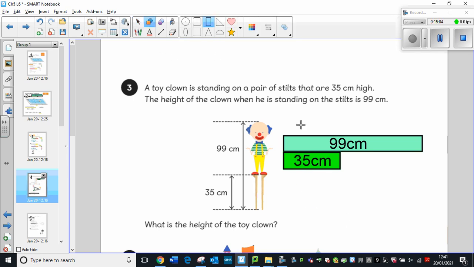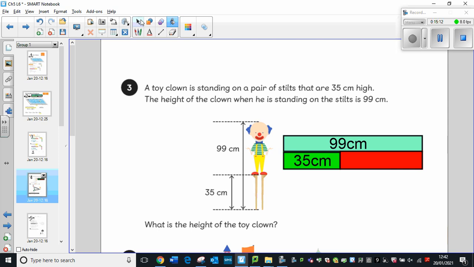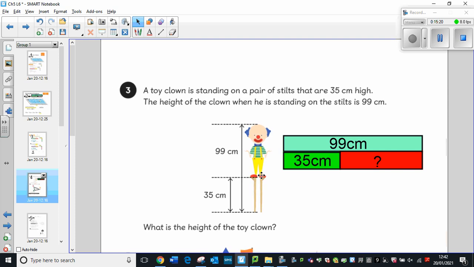So what is it that I'm trying to figure out? What is it that I'm trying to calculate the height of for this bar here, this red bar? Okay, what is that bar representing? Well, that bar is representing the height of the clown. Because if we add the height of the stilts to the height of the clown, it should give us 99 centimeters, which is the height of the toy clown on the stilts.